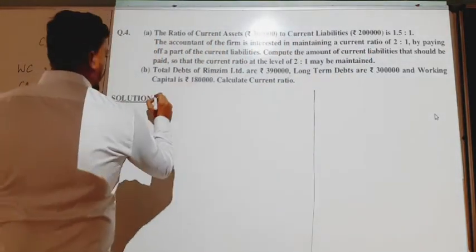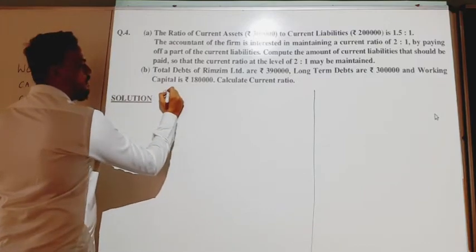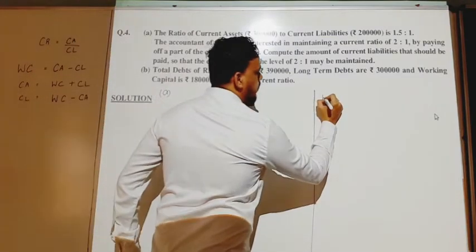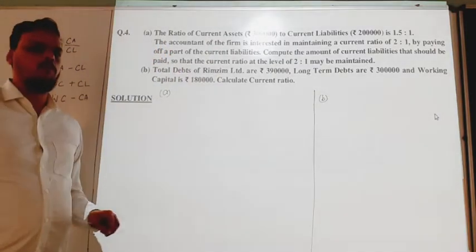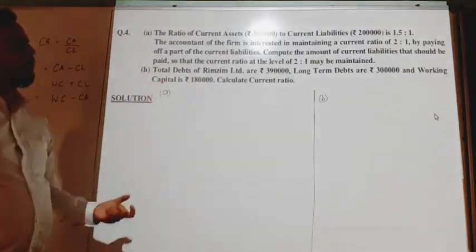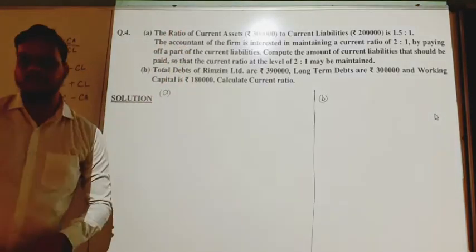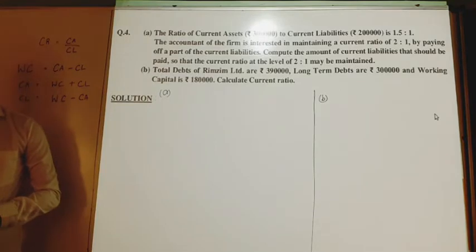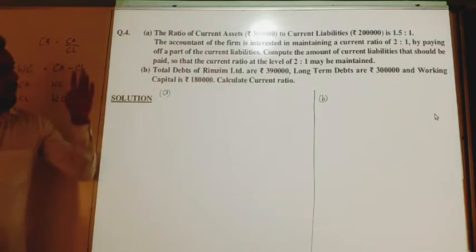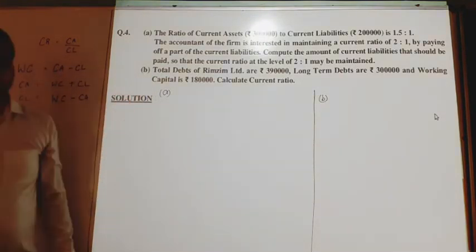I'll solve A over here, and then B will be solved here. There may be a space problem, so don't worry, I will make sure all values are present over here. Just read it first and then we will solve it.